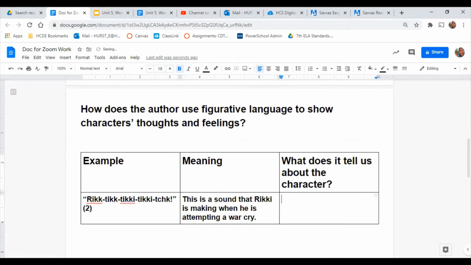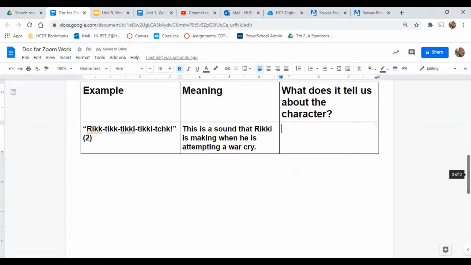So what does this example of onomatopoeia tell us about the character? The character is anxious when he uses this war cry, because he's feeling threatened, or he feels like someone he loves is being threatened. Onomatopoeia, I always spell this word wrong.